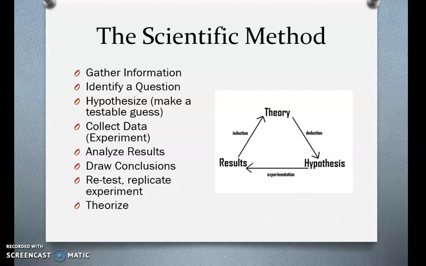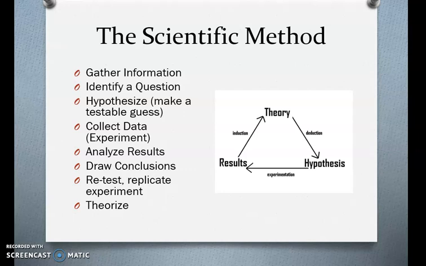And then, we're still not done. We ideally would retest our study, we'd replicate the experiment to make sure the results that we have are reliable and consistent. And then, at that point, we might be sort of publishing that study, those findings. But in order for that information to kind of take hold in the scientific community, ideally other people would also be replicating your study, and we would be having converging evidence to support the ideas that you found.